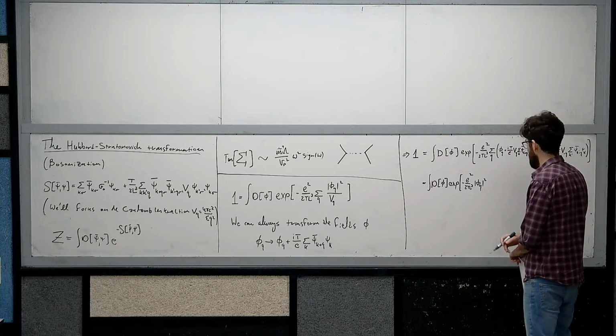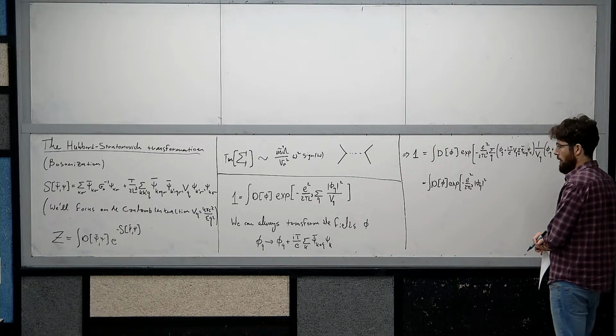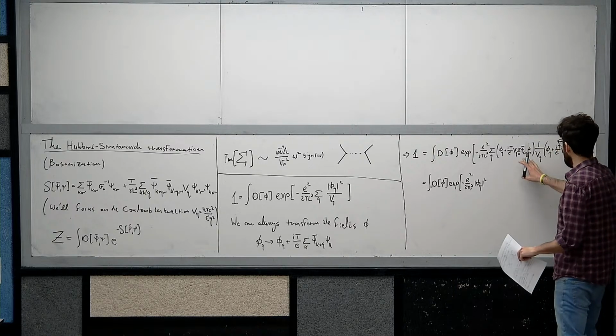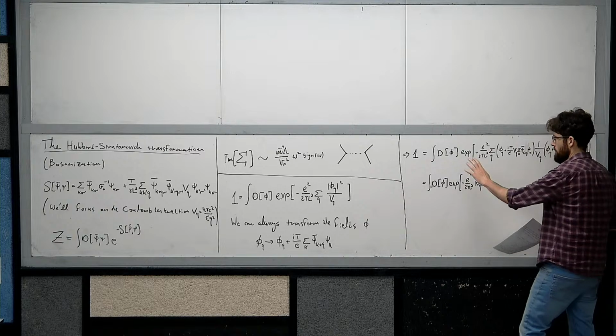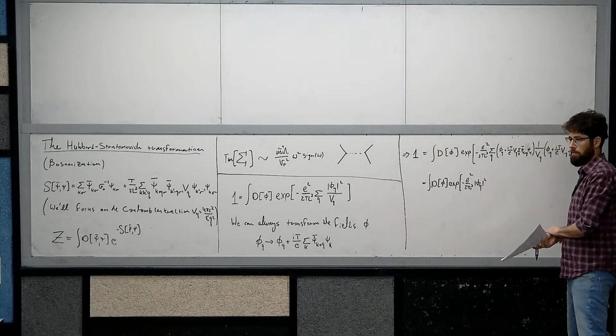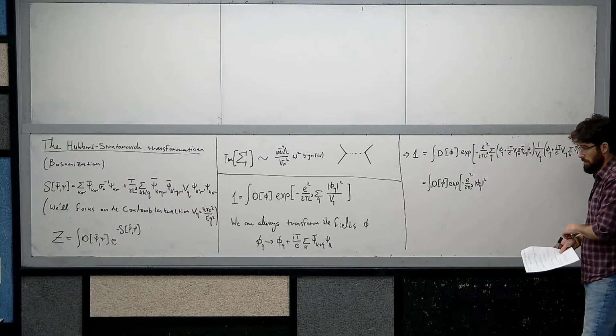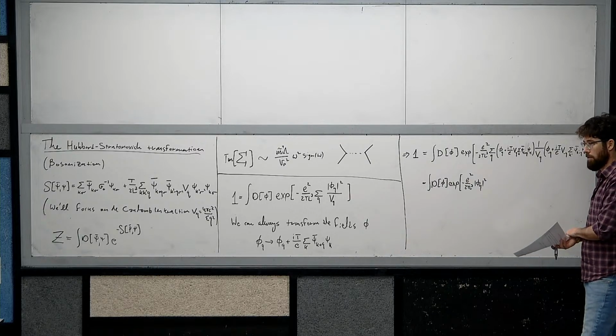Why don't I integrate over psi? Here there is no integral over psi. The integral is over phi. I can't integrate over it. I just shifted. And why would I want to integrate over psi?